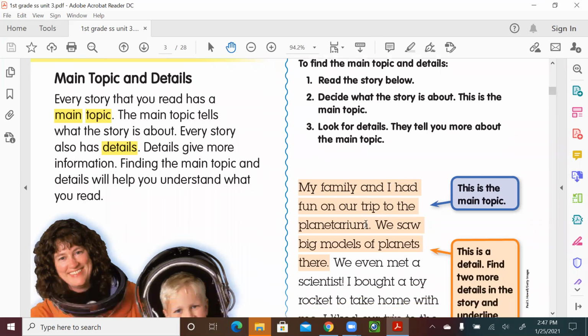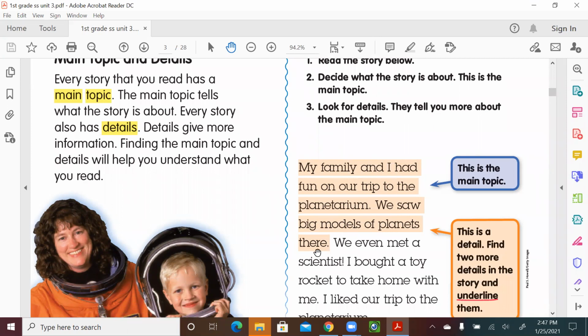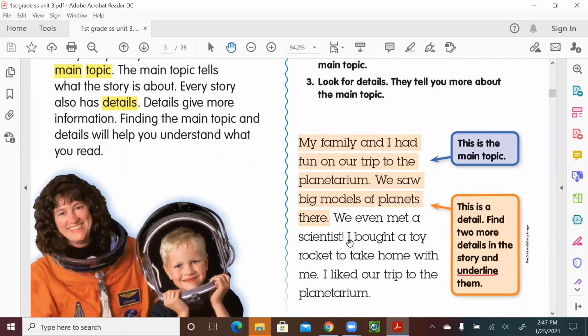So let's read. My family and I had fun on our trip to the planetarium. We saw big models of planets there. We even met a scientist. So pay attention to the orange part, and the box, we're going to read this after. We even met a scientist.